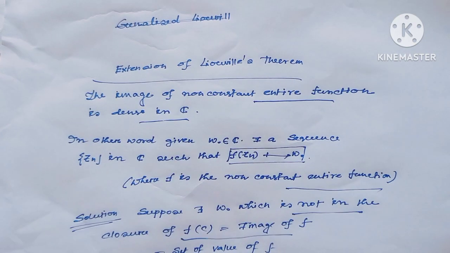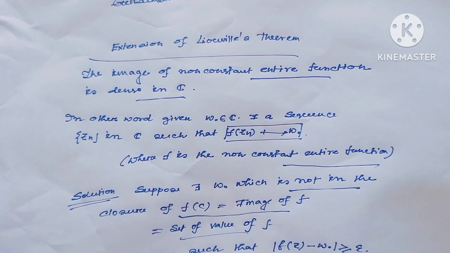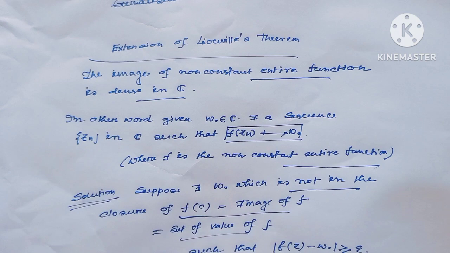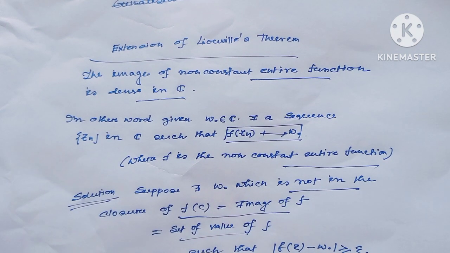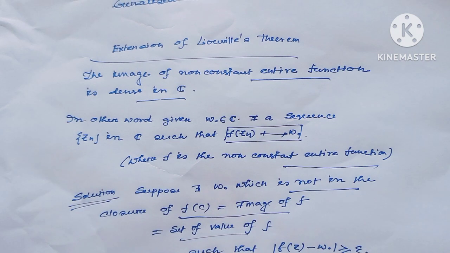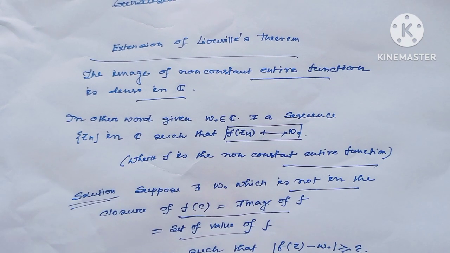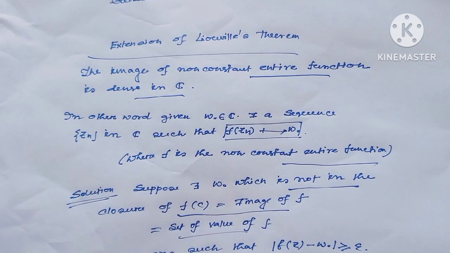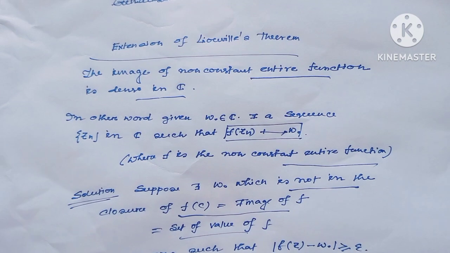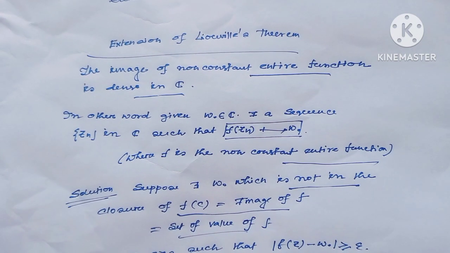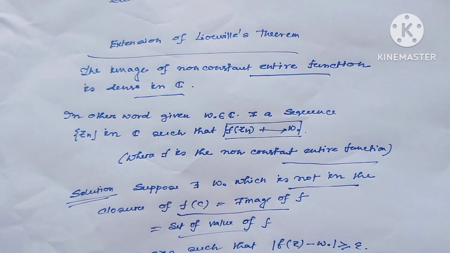So the image of a non-constant entire function is always dense in the complex plane. I hope all my viewers have understood. Hence, given w naught, there exists a sequence zn in the complex numbers such that f(zn) converges to w naught.